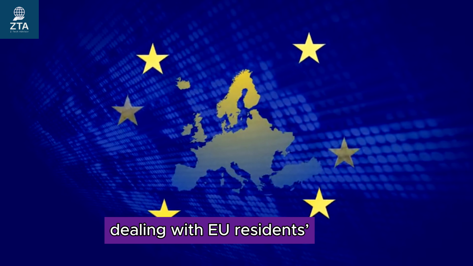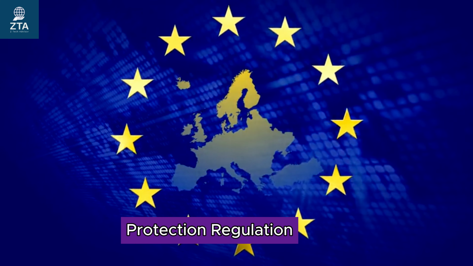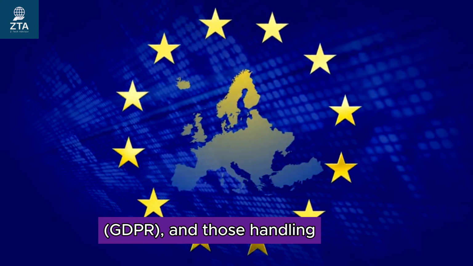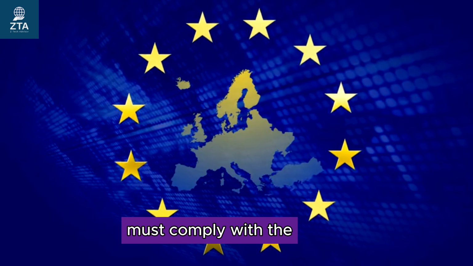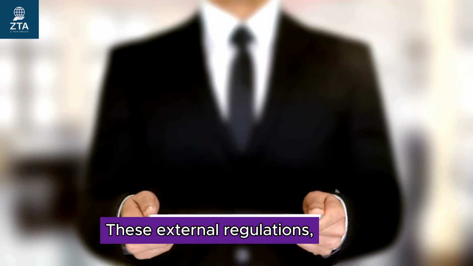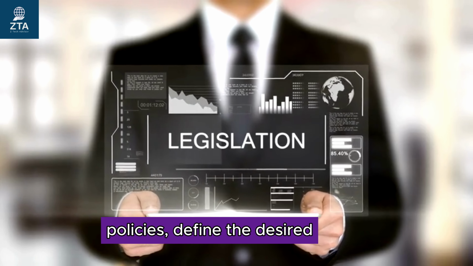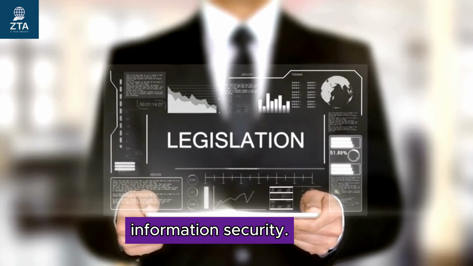Similarly, companies dealing with EU residents' personal data must adhere to the General Data Protection Regulation (GDPR), and those handling credit card transactions must comply with the Payment Card Industry Data Security Standard (PCI-DSS). These external regulations, combined with internal policies, define the desired state of an organization's information security.